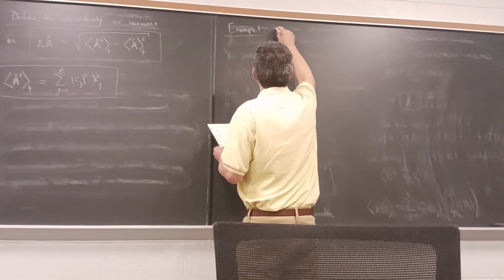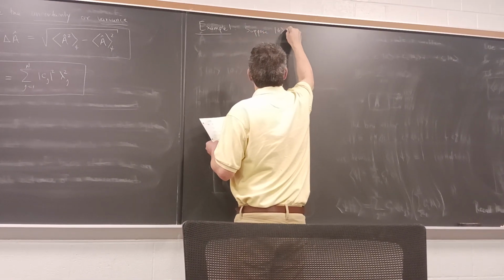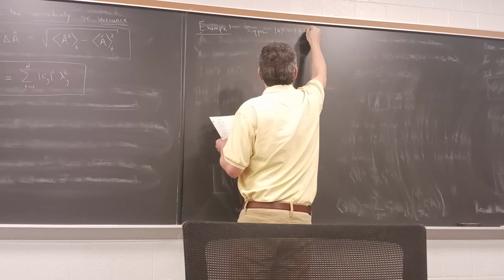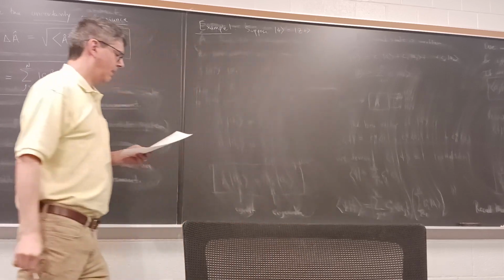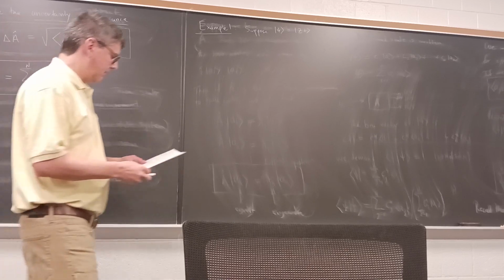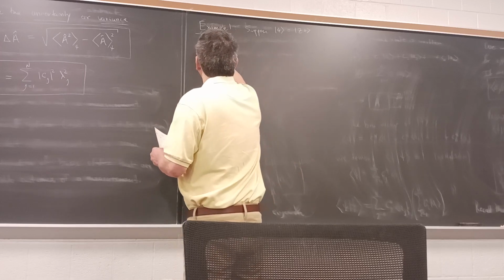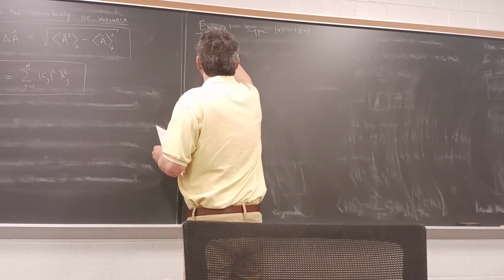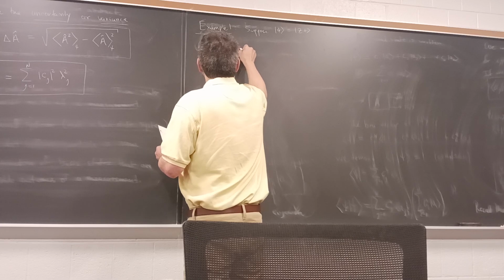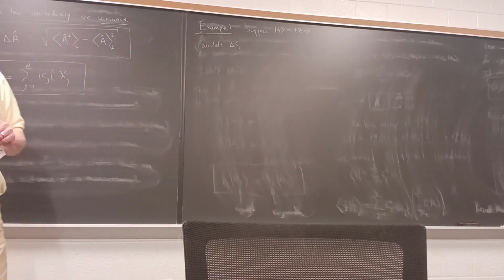Let's suppose that our state ket is just the z plus, we're in the z plus state. And let's calculate delta SZ, the uncertainty in SZ.